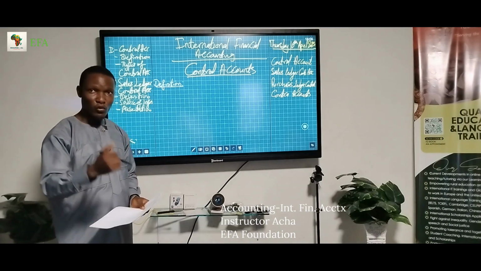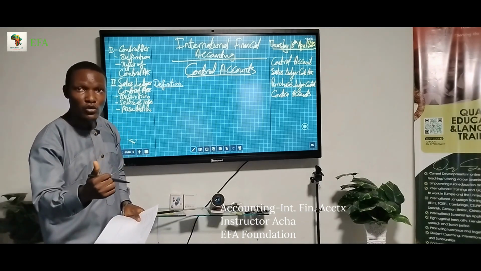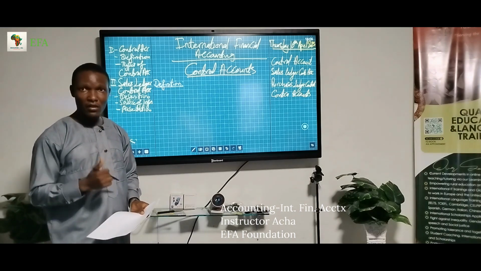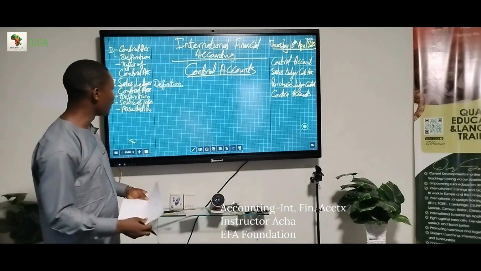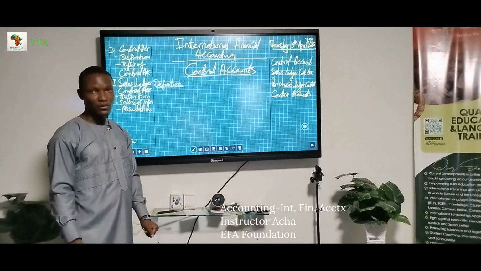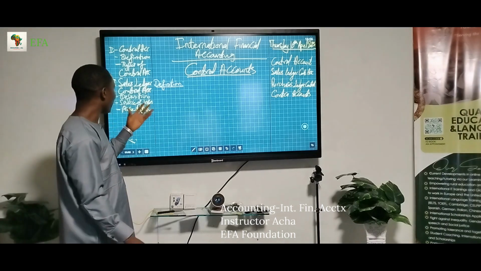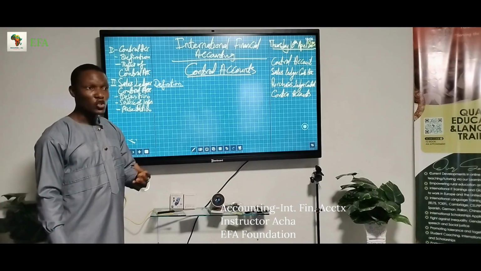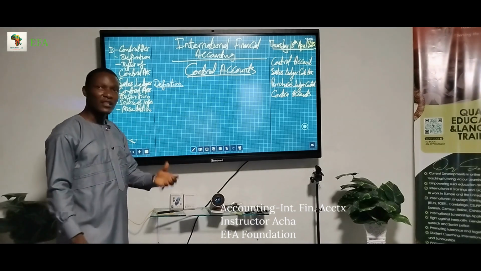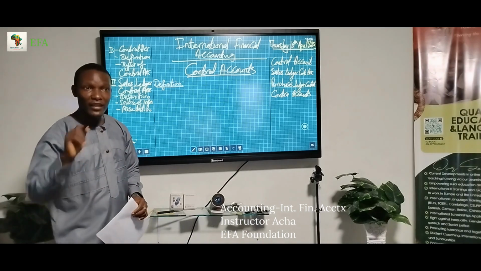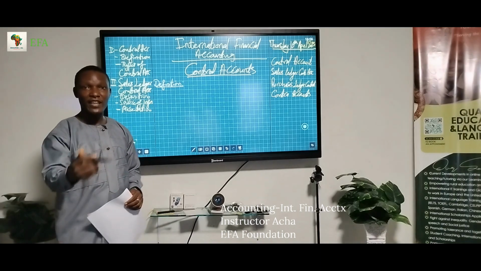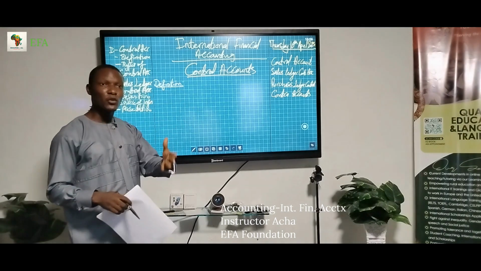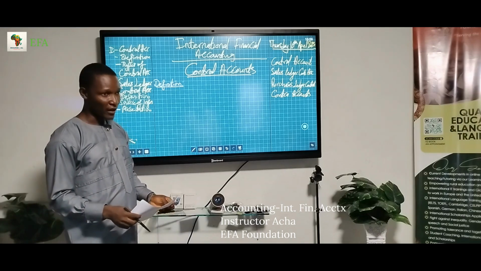At times, it's also good to ascertain the real values of creditors and debtors in the enterprise. And by principles, the closing values in the creditors control account should be the same as the value we have in the creditors ledger account, and vice versa for the debtors or the purchase ledger control account.